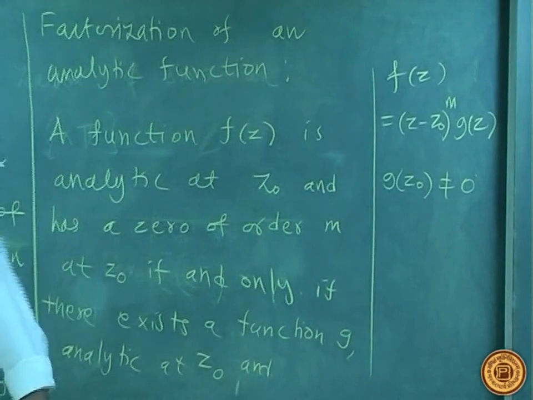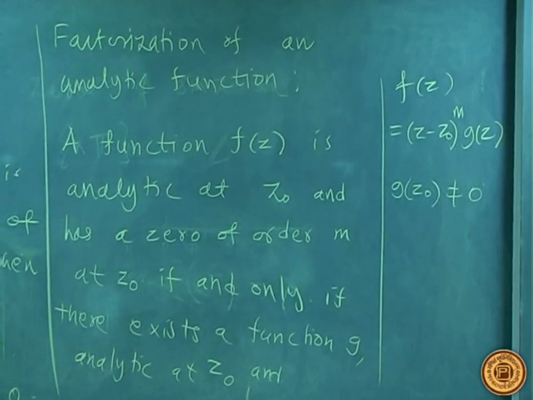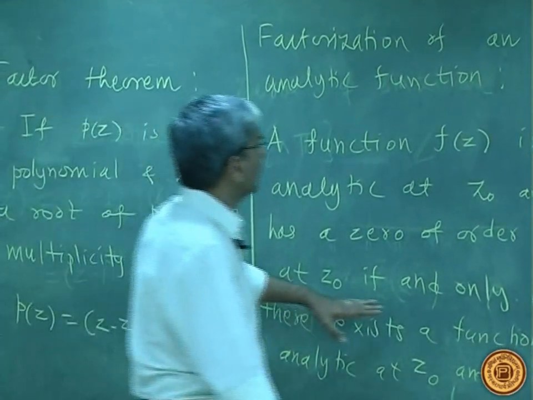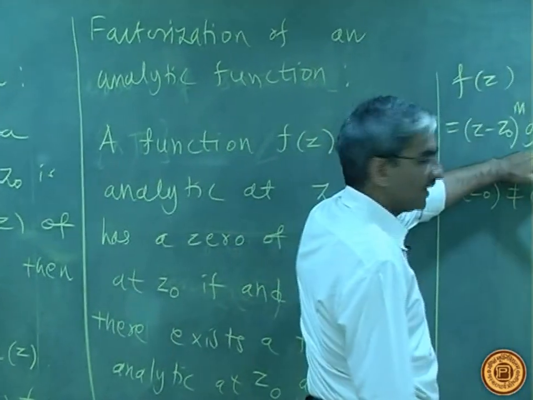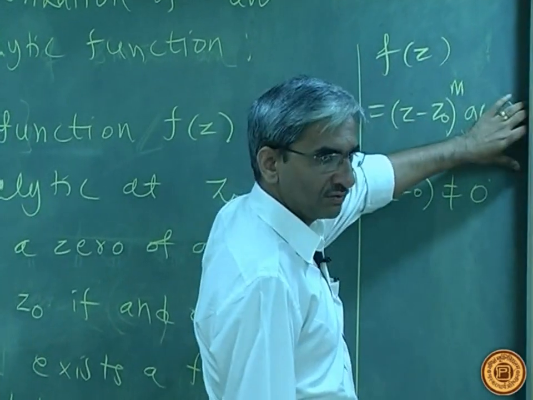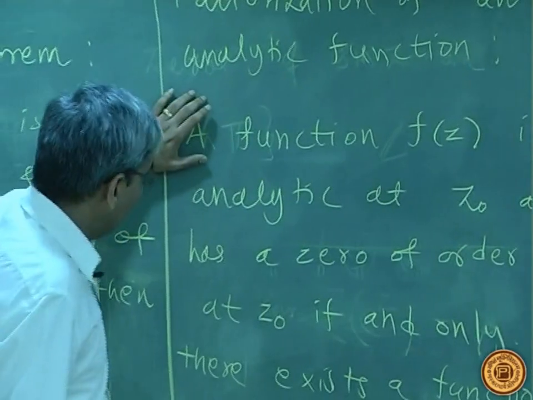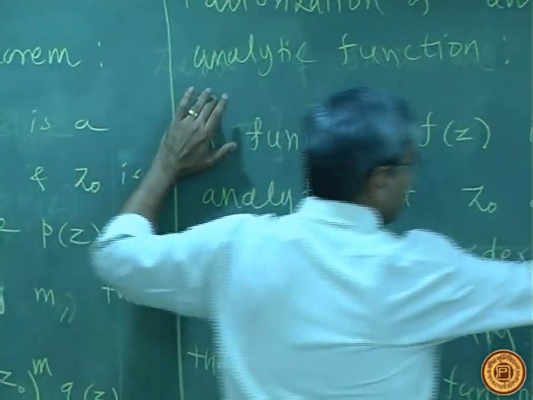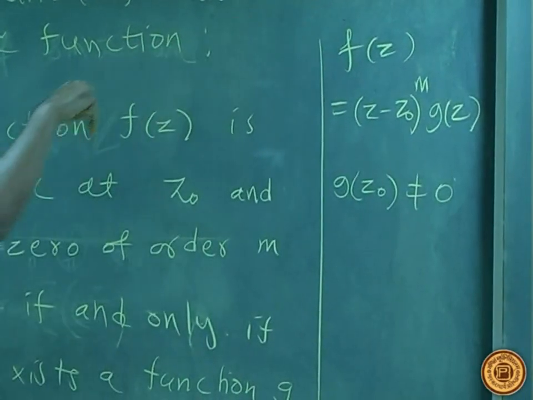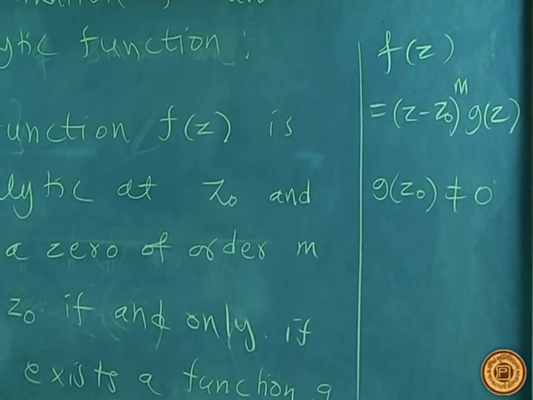Now you see these two theorems, they are exactly of the same type, where if you start with a polynomial, you get a polynomial. If you start with an analytic function, you get an analytic function. So an analytic function is (z minus z naught) to the power m into some other function which is also analytic at z naught. And the converse is also true, that is, if the function is of this type, then f is analytic and f has a zero of order m.